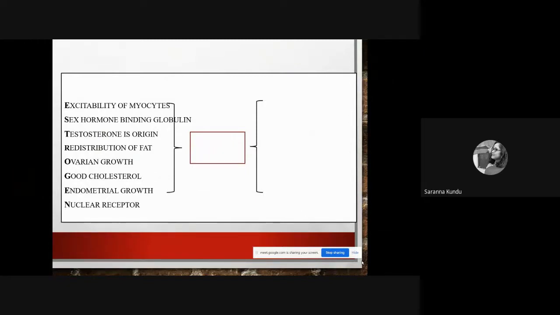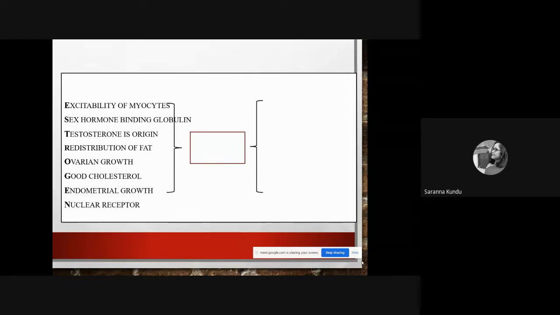E stands for excitability of myocytes. S stands for sex hormone binding globulins. T stands for testosterone's origin. R stands for redistribution of fat. O stands for ovarian growth.